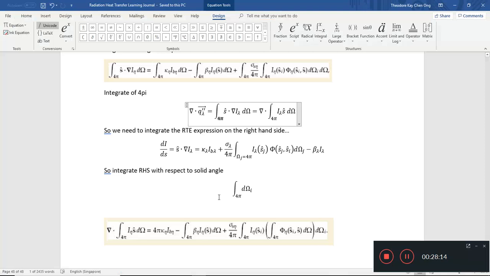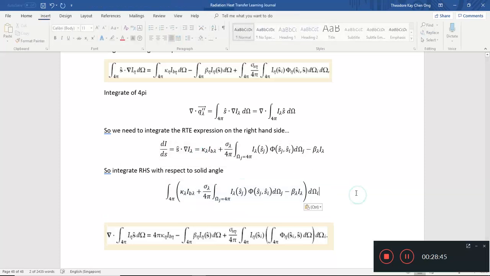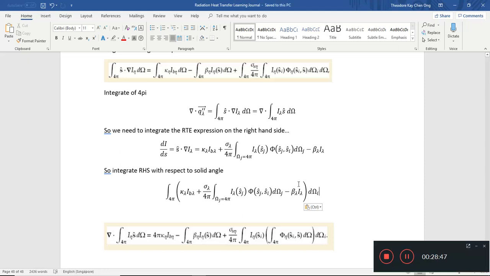So this one is integrating over 4 pi of the intensity of this, or rather DIDS. So I will need to get all this and paste here. And what is the difference between this omega and this omega?